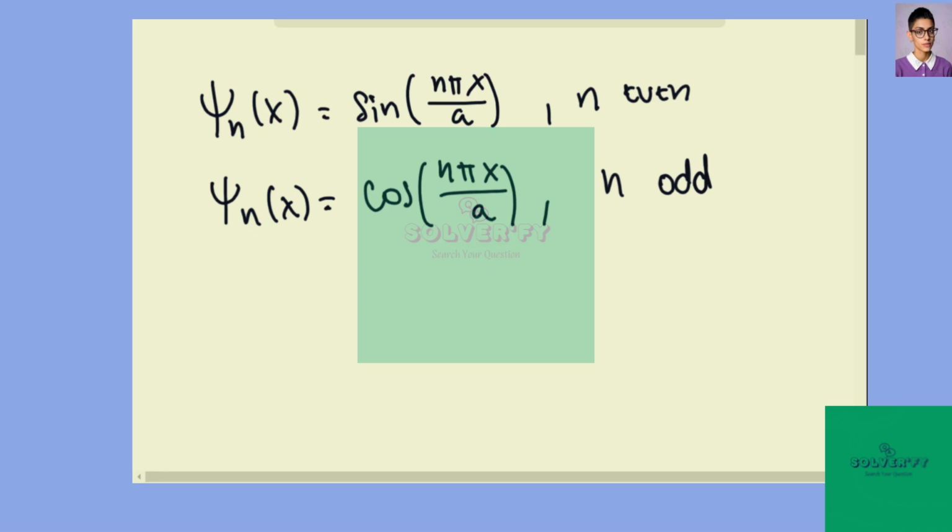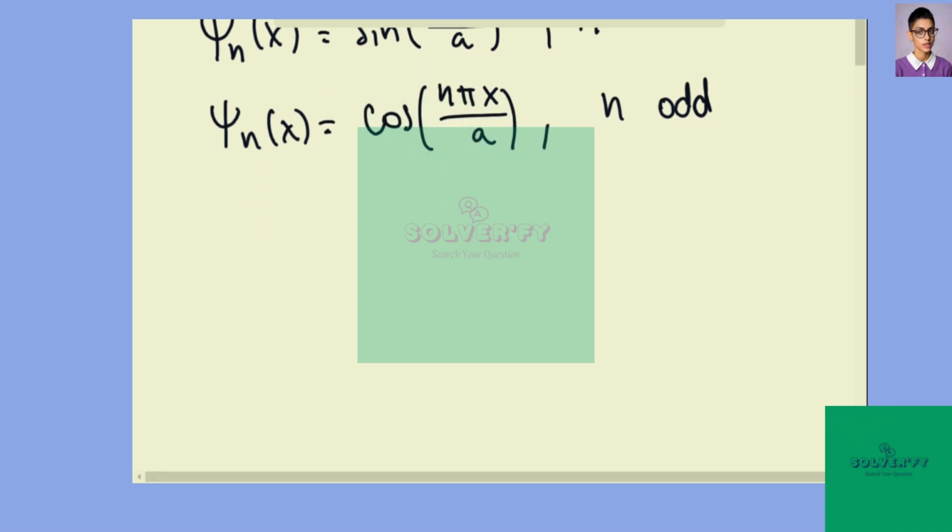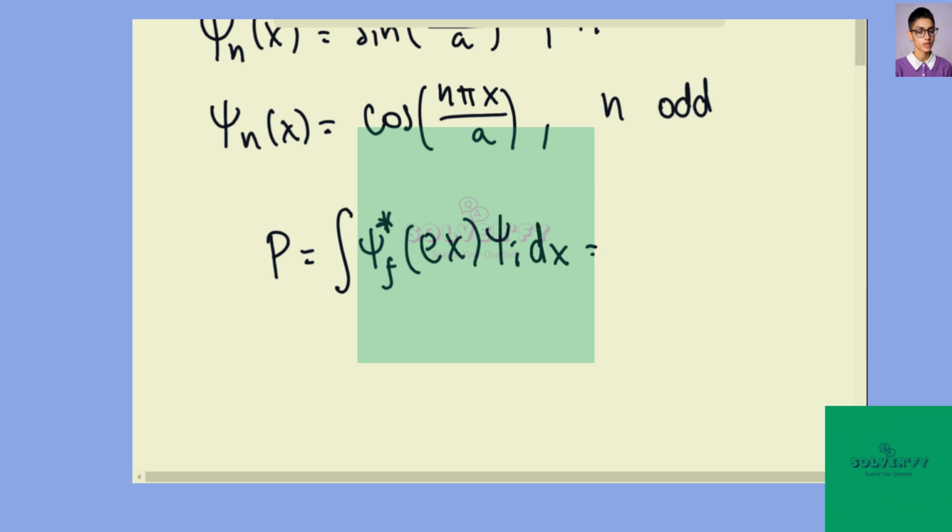So it is required to evaluate this probability function. That will be the integral of the conjugate of the wave function at the final quantum state times e times x, times the eigenfunction for the initial state, integrated over x.